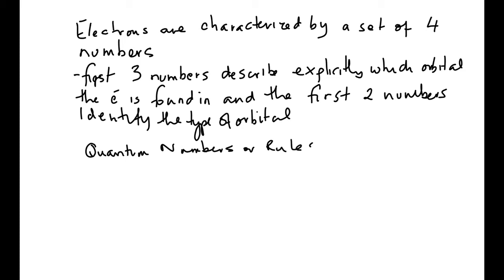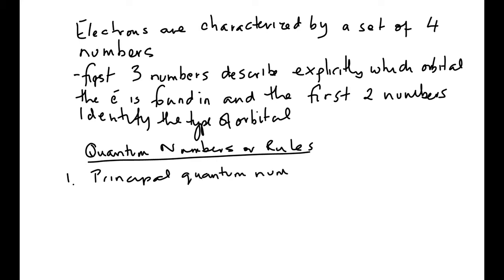So the first one is called the principal quantum number. The principal quantum number. It has the symbol n, lowercase n, and it is a whole positive number.